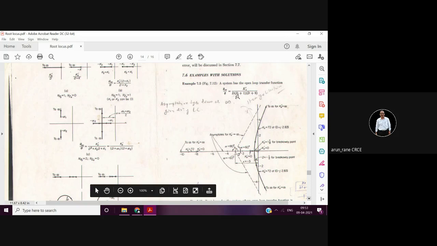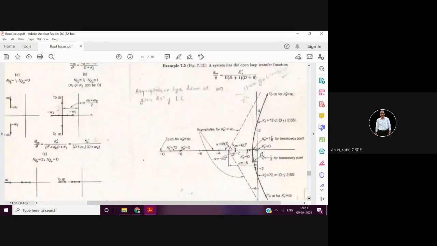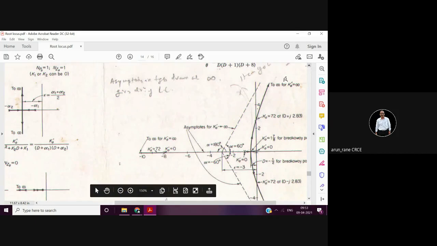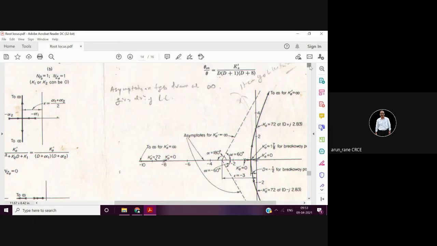Three poles: 0, -1 and -8. So 1, 2, and 3. Finite zero, no finite zero.